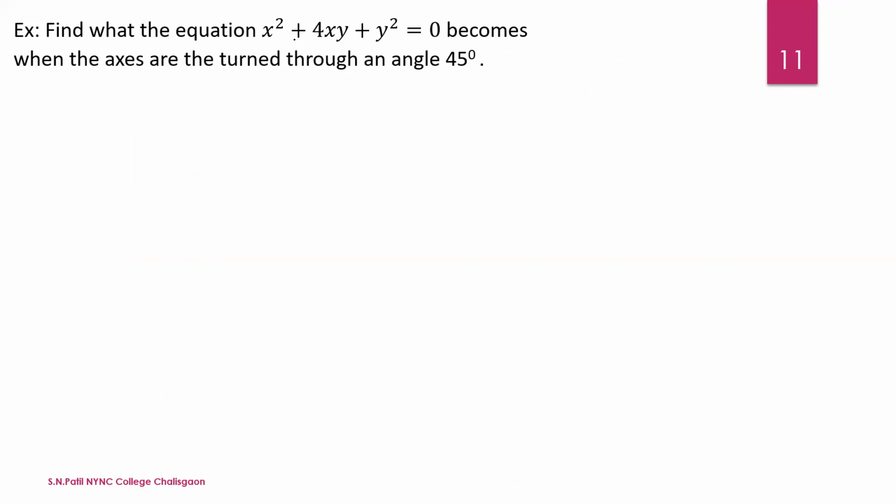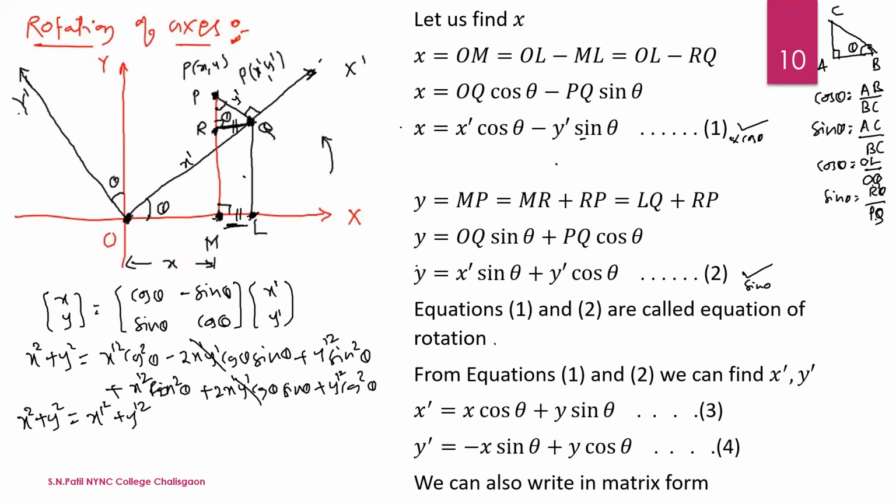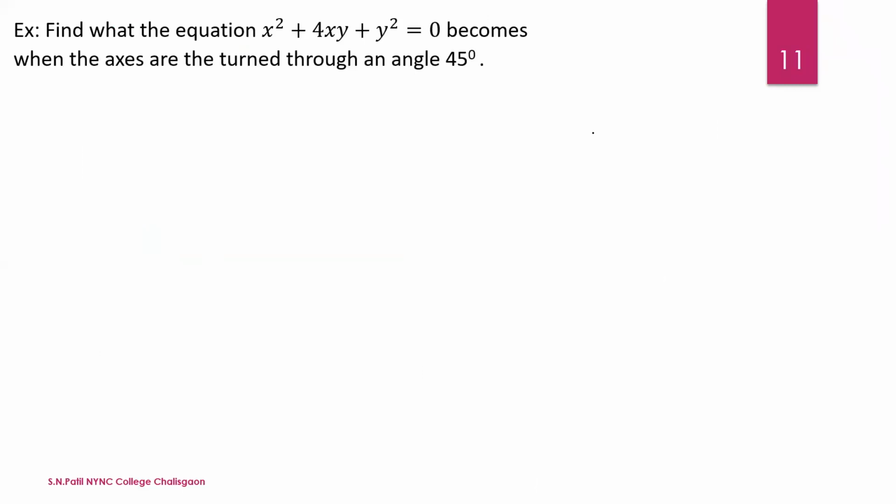For rotation the angle is given, and we find the value of x and y, which we discussed at this point. It requires only theta, and theta is provided here. That is the solution. Theta is equal to 45 degree.